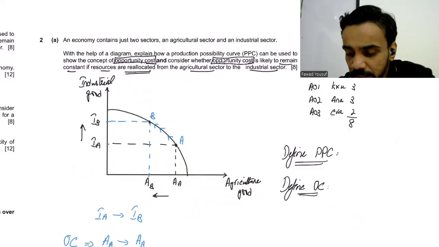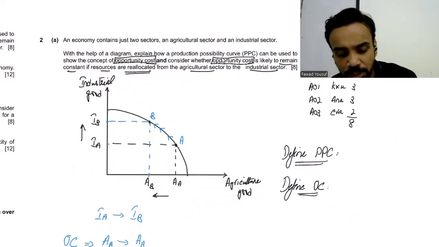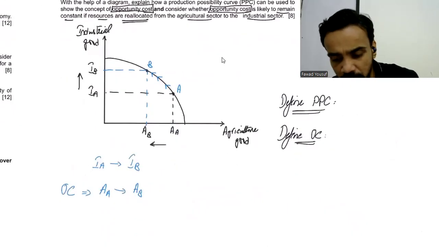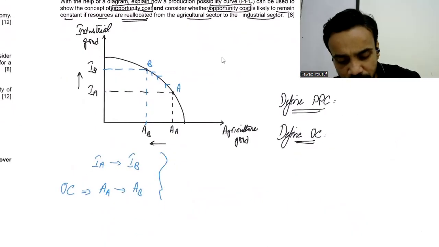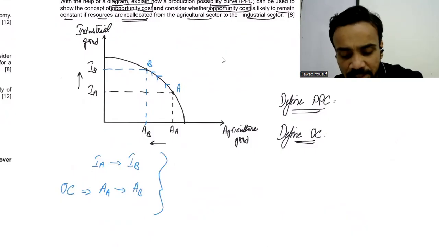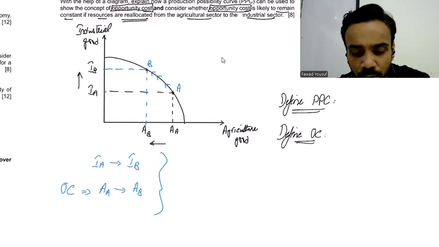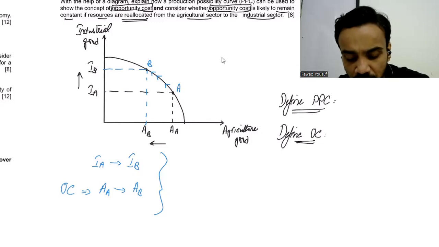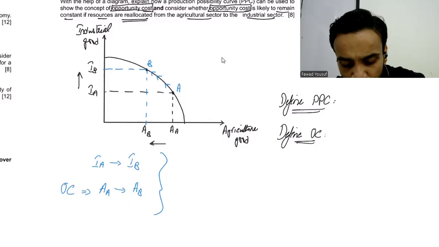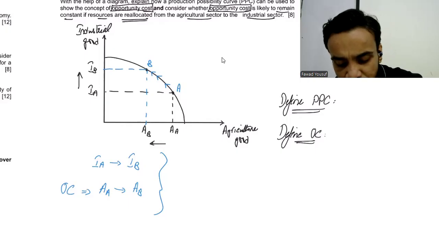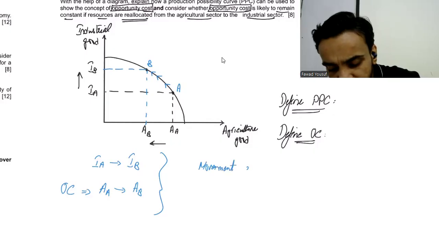Acha, one more thing. When you're writing this whole part of showing opportunity cost and all, I think what you must also write, although question में तो उन्होंने वैसे ही लिख दिया है कि reallocation हो रही है and all that, I think you should always mention that PPC is showing a movement along the curve.